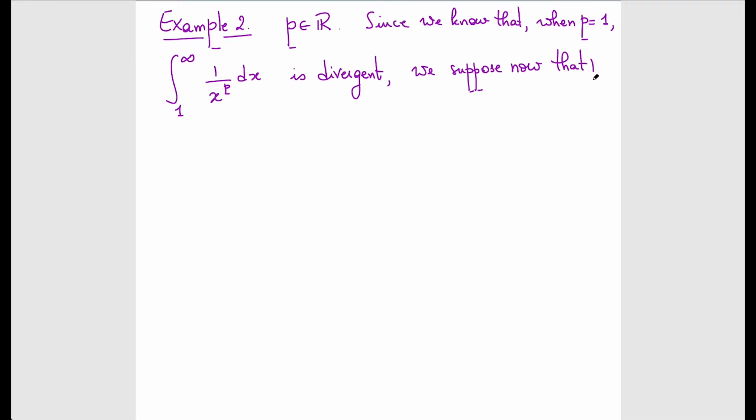So it's a real number that's different than 1 for now, right? Because that case was understood.